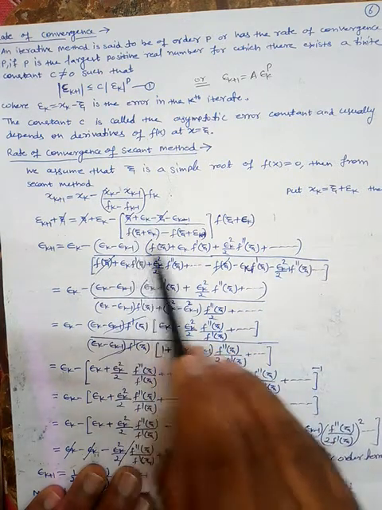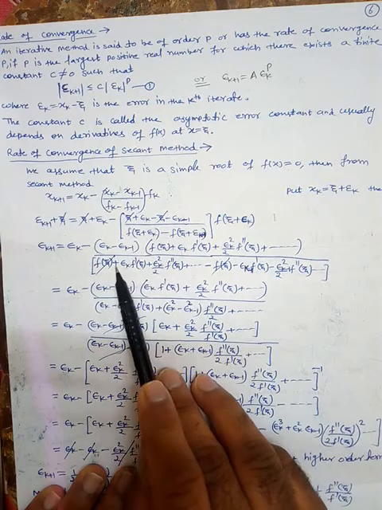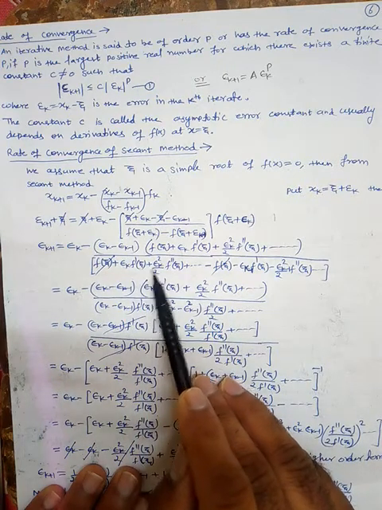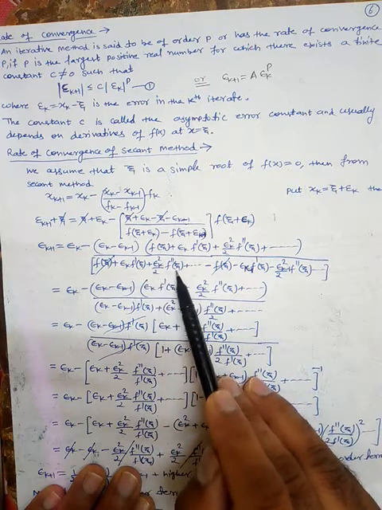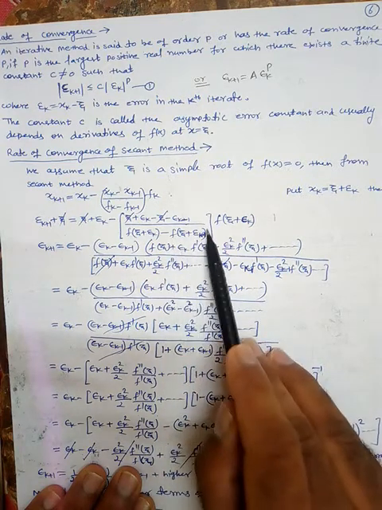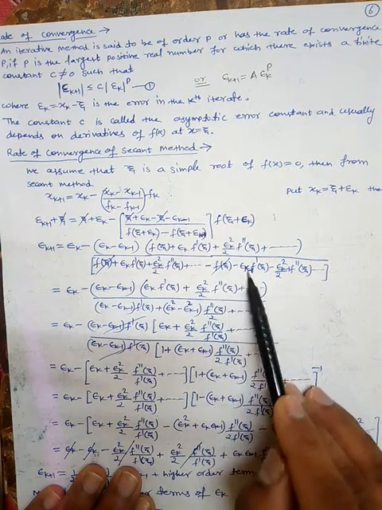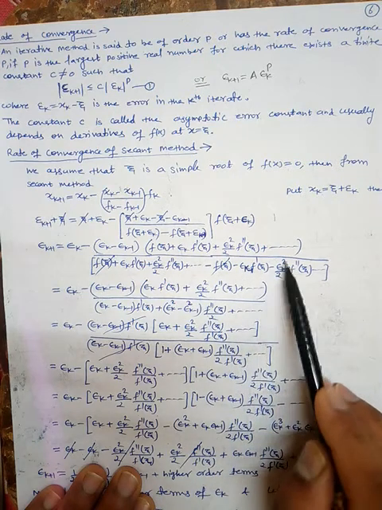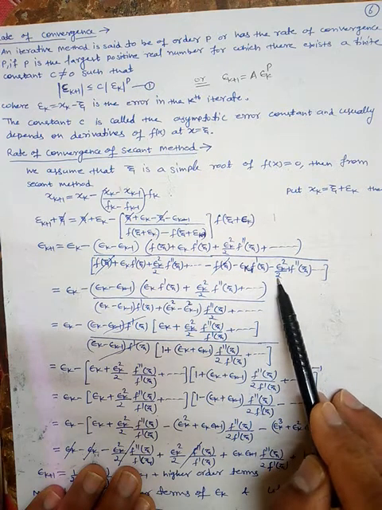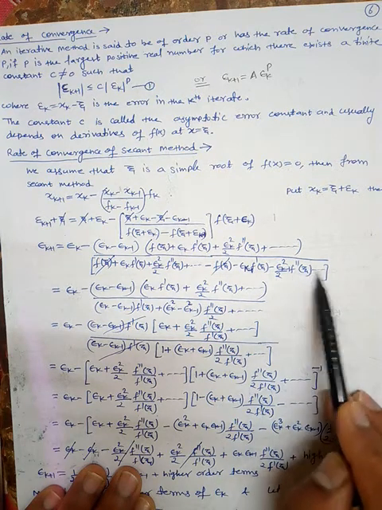Now expand this quantity, so we get f of xi plus epsilon k f dash xi plus epsilon k whole square by 2 second derivative at xi, and so on, minus, now expand this quantity, f of xi plus epsilon k minus 1 f dash xi plus epsilon k minus 1 whole square divided by 2 second derivative at xi, and so on.